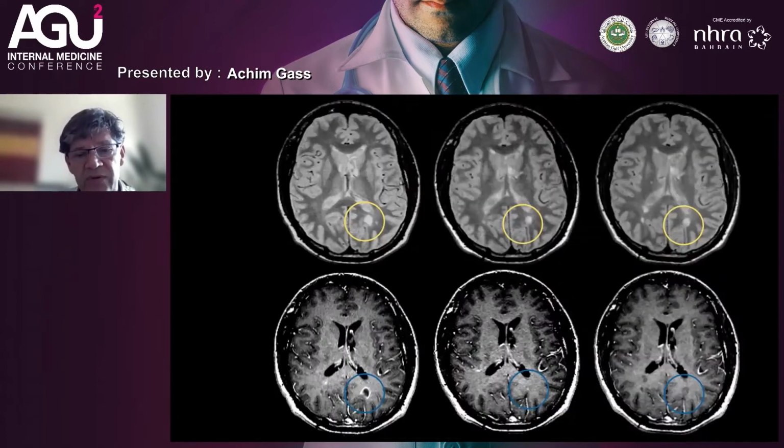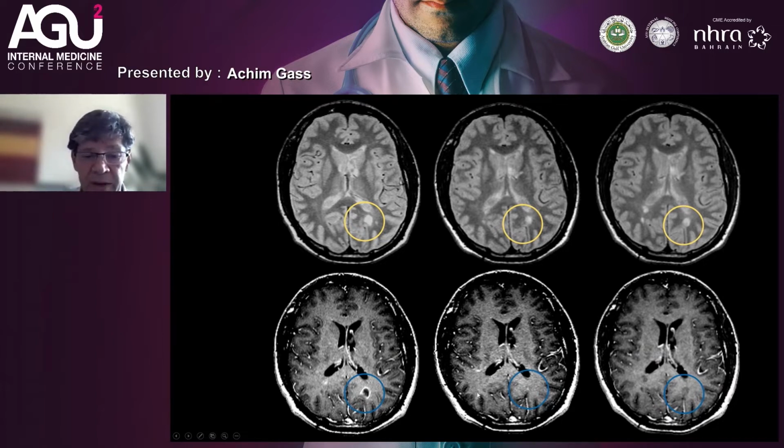The use of contrast has also been questioned in the past, but I will come to that in a minute. On these slides, you can see the high dynamic of MS. These are monthly scans from a phase 2 trial, and you can see in the blue circle a ring enhancing lesion that at the next month is no longer seen and shows a little shadow a month after.